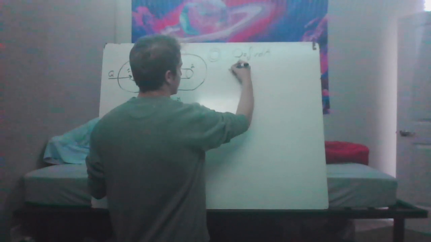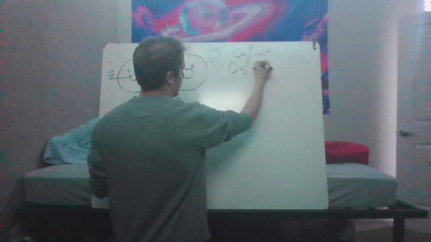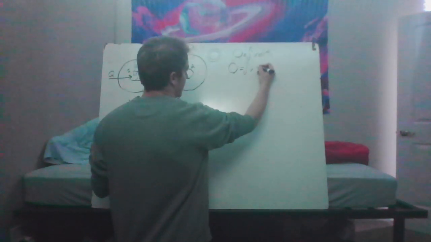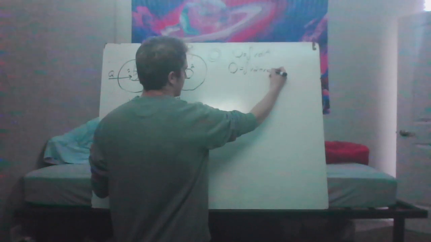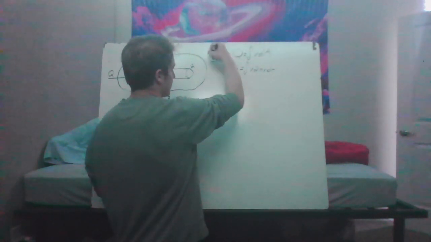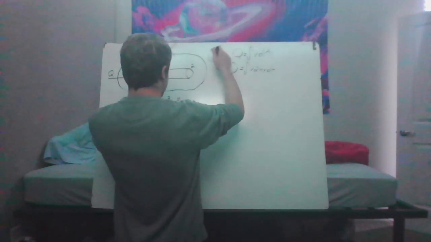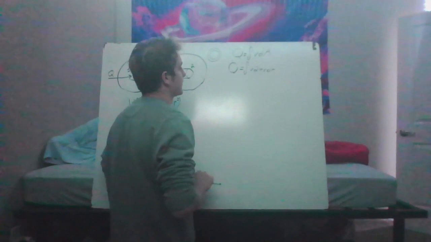How we're going to represent that is going to be 2 pi r times dr. As you can see, it's circumference over and over and over for every radius that there is.